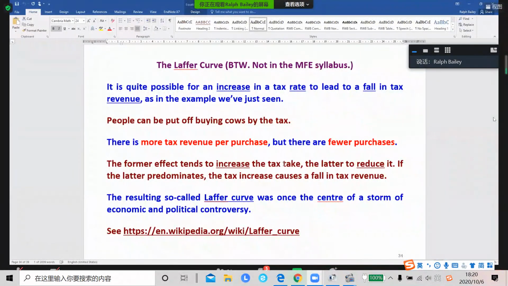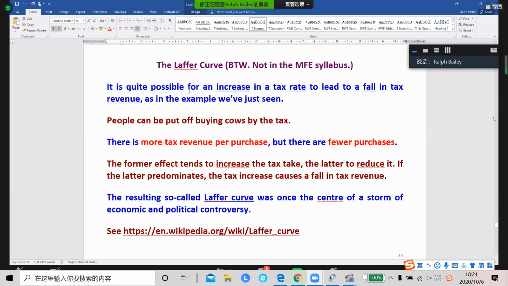And Laffer was himself challenged to explain this at a dinner party, I think, and he sketched his Laffer curve on a napkin and showed how it could happen. You can read about the Laffer curve, about which there was a huge controversy, and it did play its part in policy, but I shan't attempt to summarize that, but it's an interesting topic.